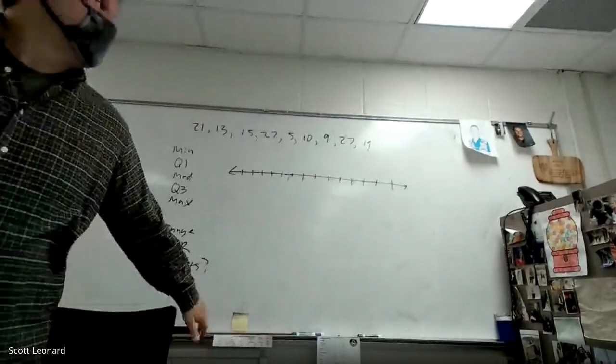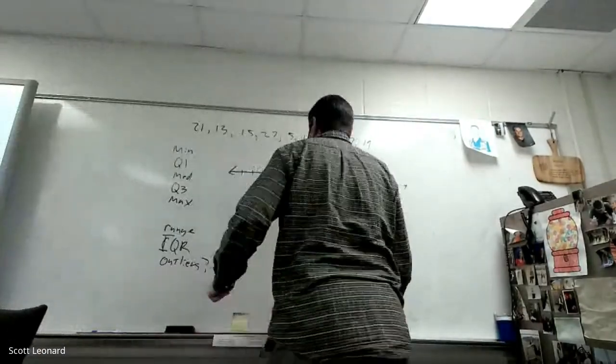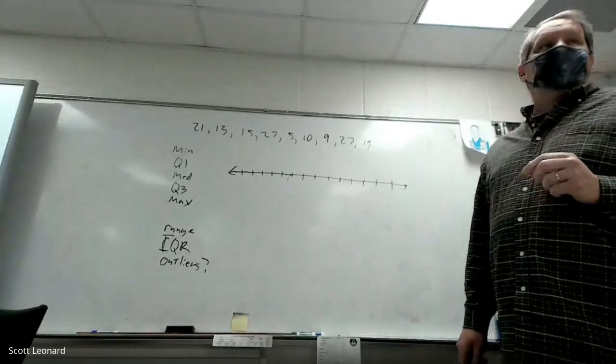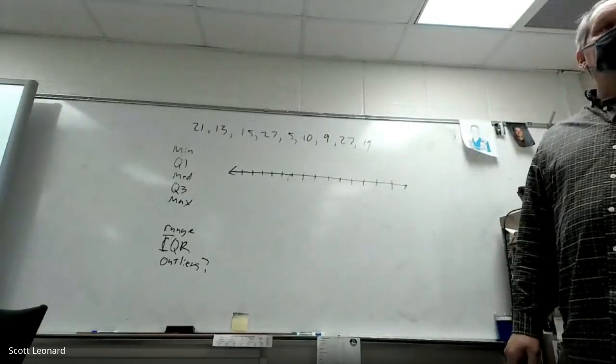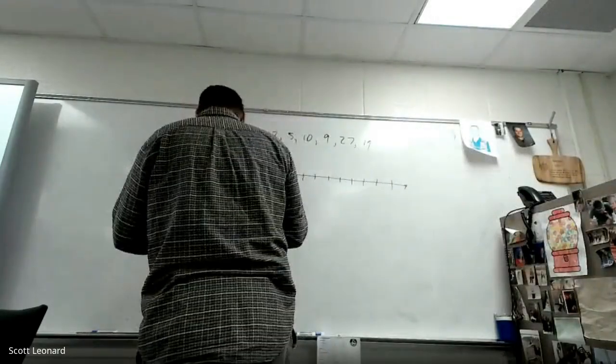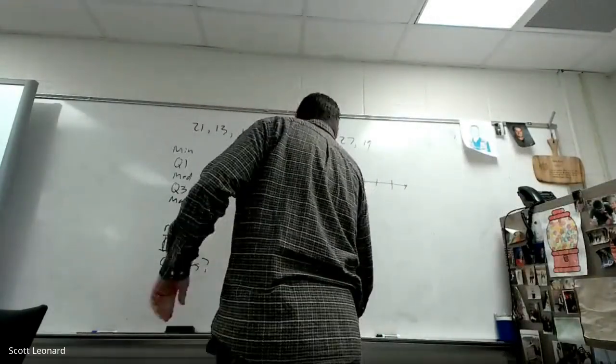All right, so here we go. What do I have to do with these numbers? What do I need to do to find all the data? Simon? Put them in order least to greatest. So I'm going to choose a new color here.